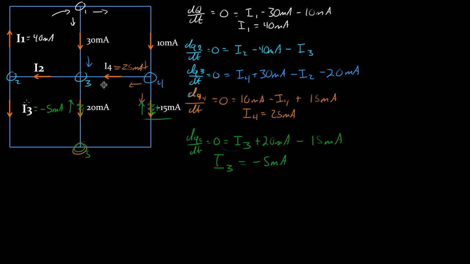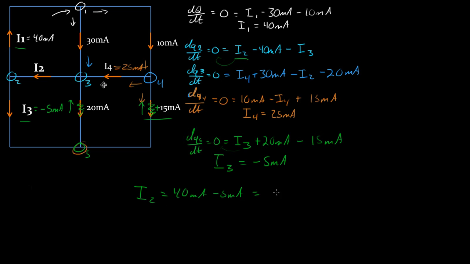So finally, let's go back to node 2. We know what I1 is, and we know what I3 is. So therefore, I2 is just the negative 40 milliamps minus the current I3. We move I2 over, distribute the negative sign, and get 40 milliamps plus I3, which is a negative 5 milliamps.